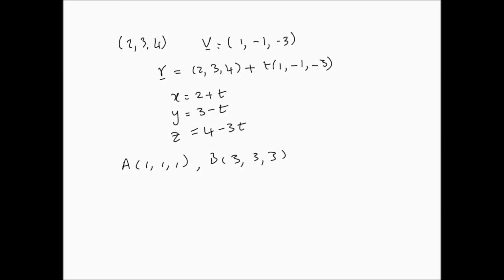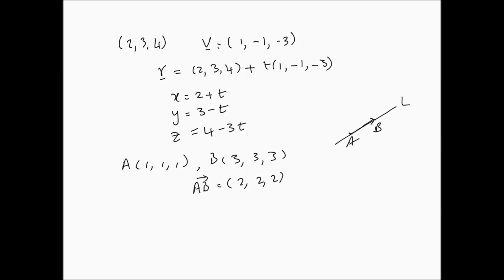Let's think about it this way. If we have any 2 points lying on a line, say A and B, clearly we can find the vector AB, which is very easy. The vector AB in this case is 2, 2, 2, and this vector happens to be parallel to the line L. So it's our V, in other words.